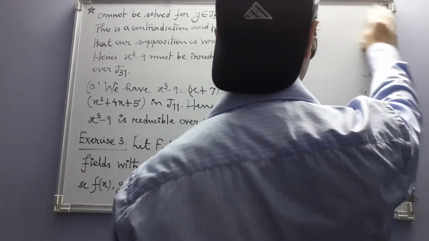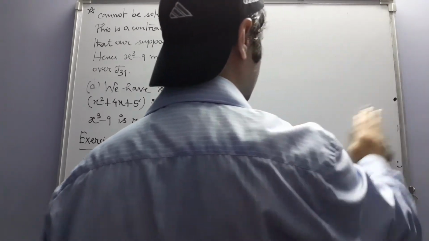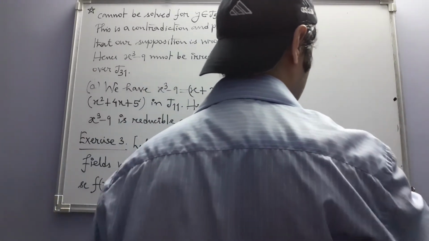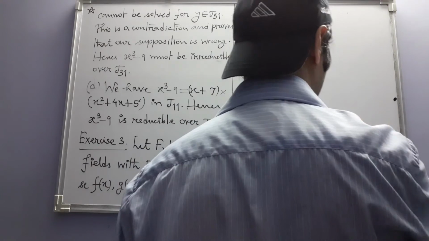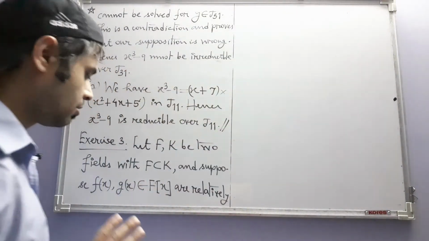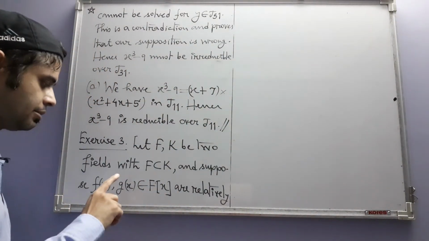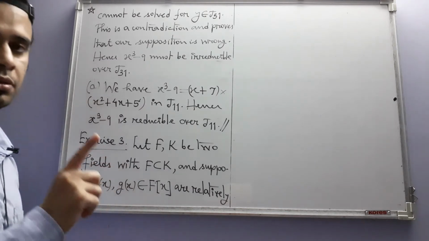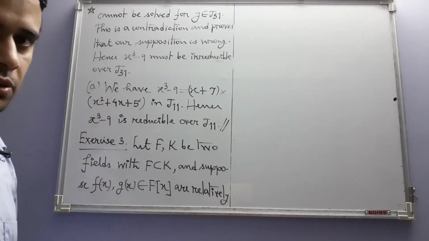Relative primality means that any greatest common divisor of fx and gx is a non-zero constant polynomial.